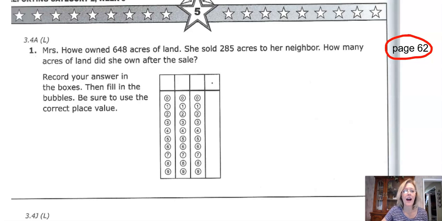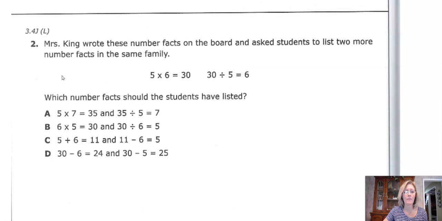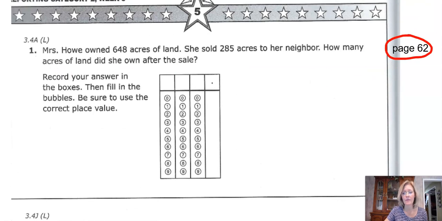This week, I would like for you to do number 1, see right here, and number 2 on page 62. Okay, I would like for you to do those right now. Pause the video and then come back and we'll see how well you've done on page 62. All right, so pause, stop, and when you come back, we'll talk about how this problem is solved.